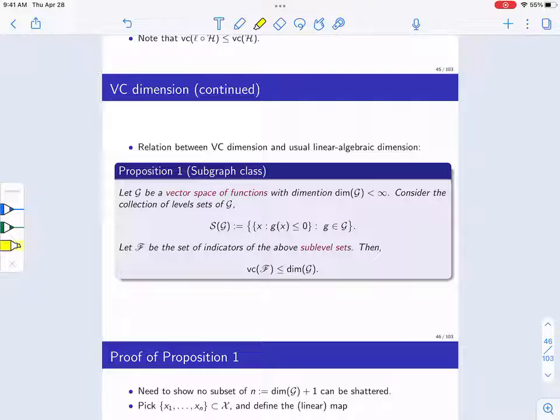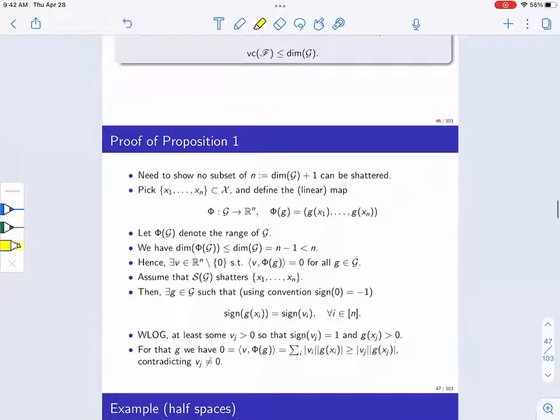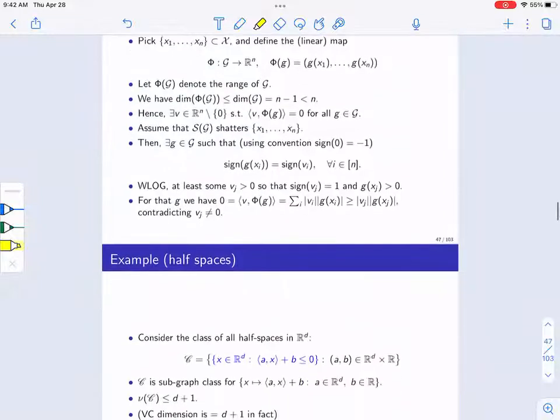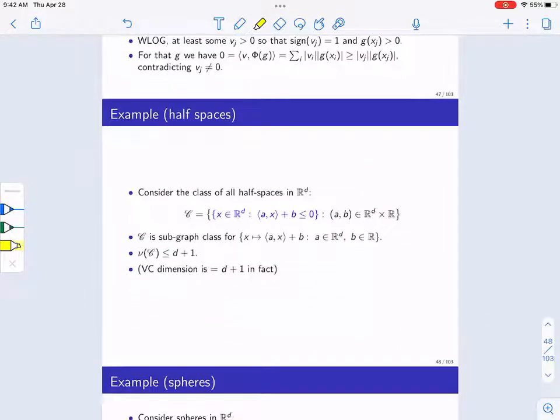These are the sets that are defined like this for some g in the function class. Then the indicators of these level sets will have VC dimension bounded by the dimension of the subspace. So I'm not going to repeat the proof.